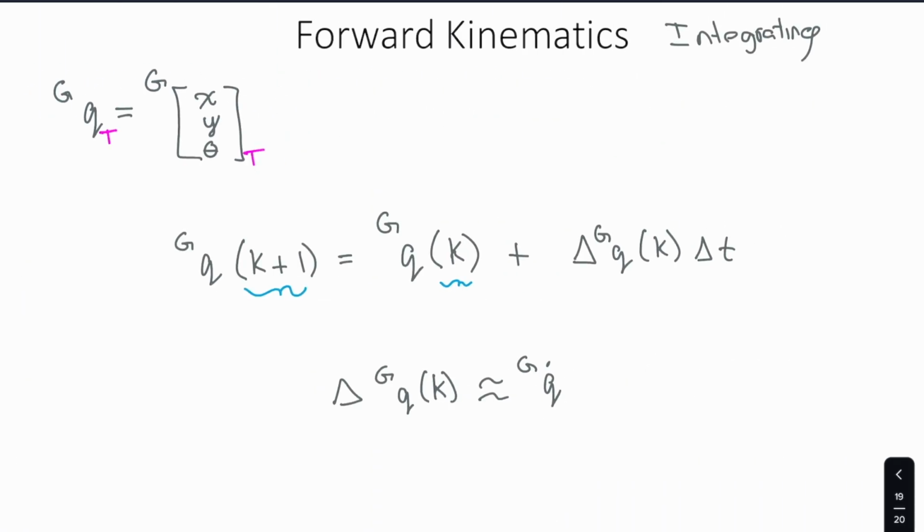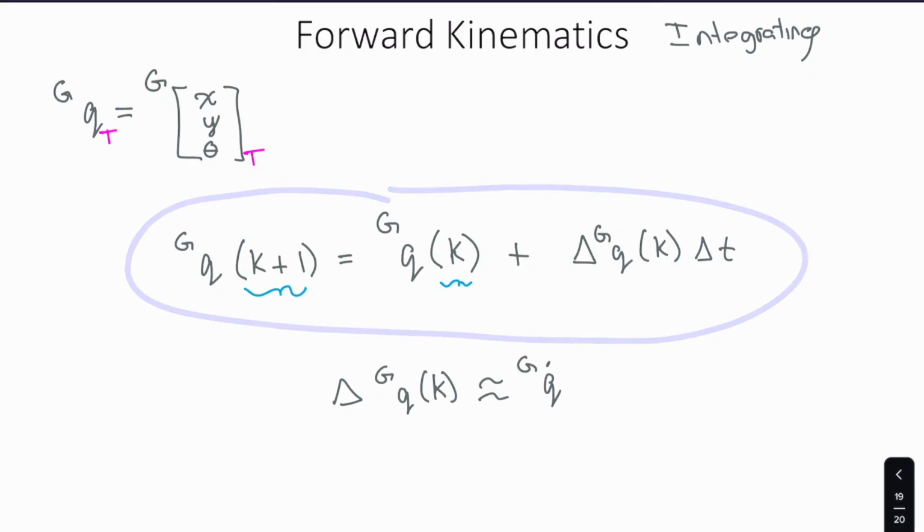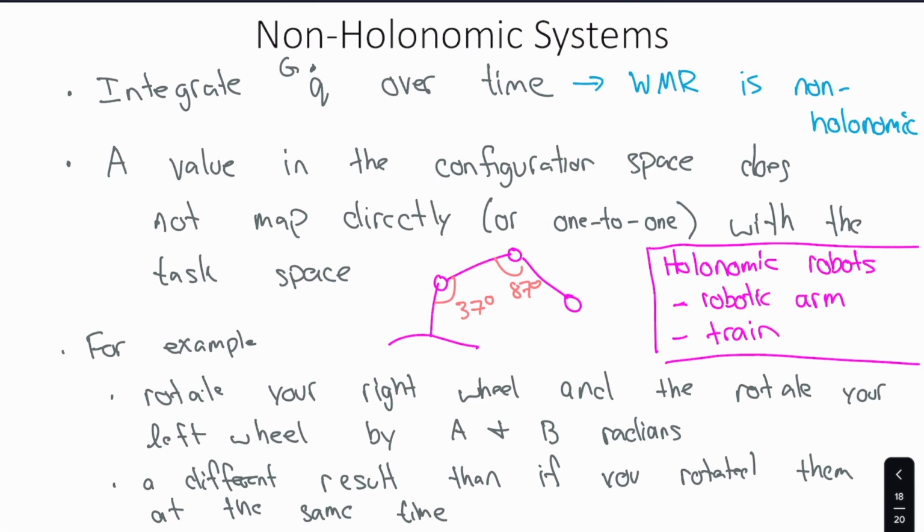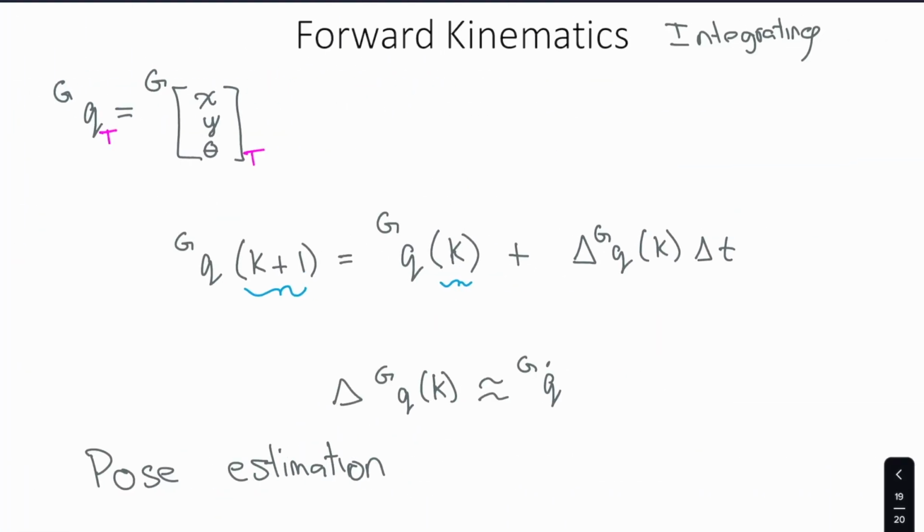And at some fixed frequency, so that would be at delta t, you would update this equation, and that would give us a new estimate of the pose. So your exercise for this week is to take these equations that I've shown here and implement them in code, and specifically C++ code that you can run on your microcontrollers.